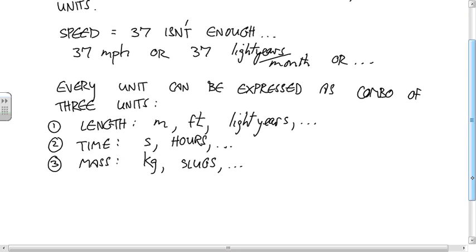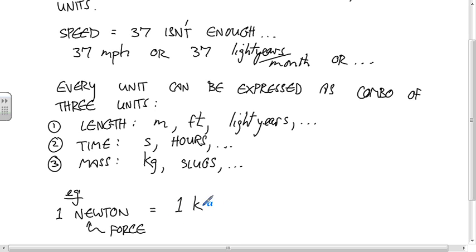And so when I say that everything can be expressed as a combination of these three units, as an example, and we haven't talked about what any of these things are yet, 1 Newton, and that's a unit of force, is actually, you can think of it as 1 kilogram times meter per second squared.